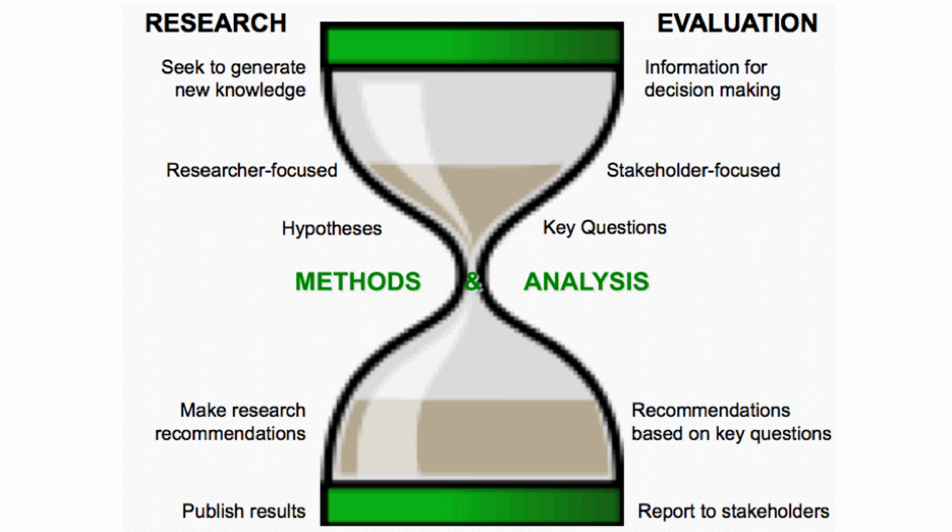Okay, hypothesis is just educated guesses, which is different from key questions that we have about a program. Okay, and then on the research side, we publish our results, and on the evaluation side, because it's stakeholder focused, we report our results to the stakeholders. So these are some differences between research and evaluation, which is going to lead us into the evaluation part of this presentation.